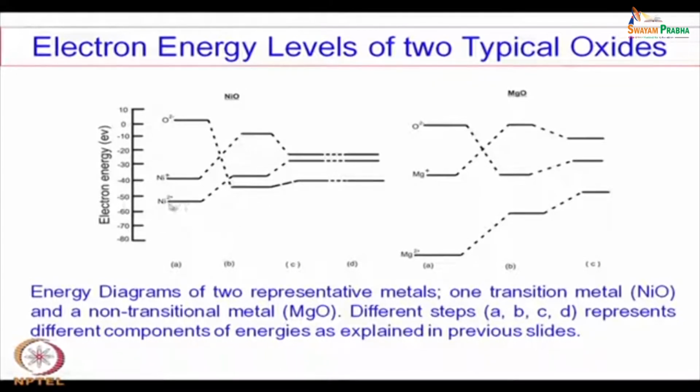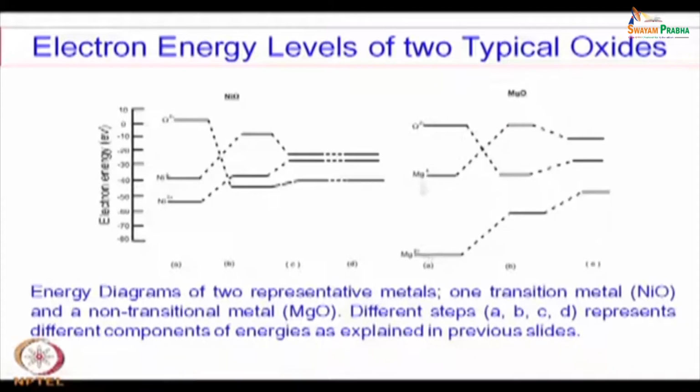Let us start with the non-transition metal, MgO. We have bands like this: Mg2+, Mg+, O2-. These are the 3 levels in isolated ions.